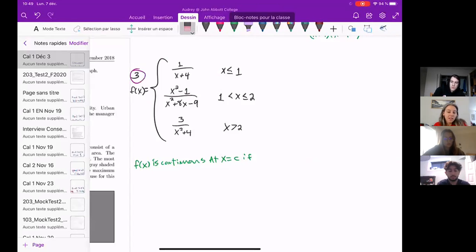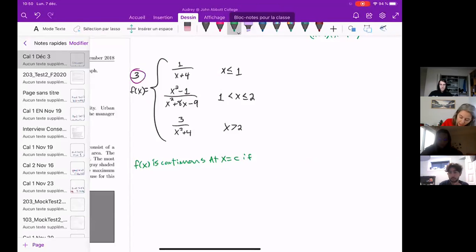So this is our limit definition of continuity. It should definitely contain limits. Good job, guys. You got it, Ellie. All right, exactly. So good job, guys.